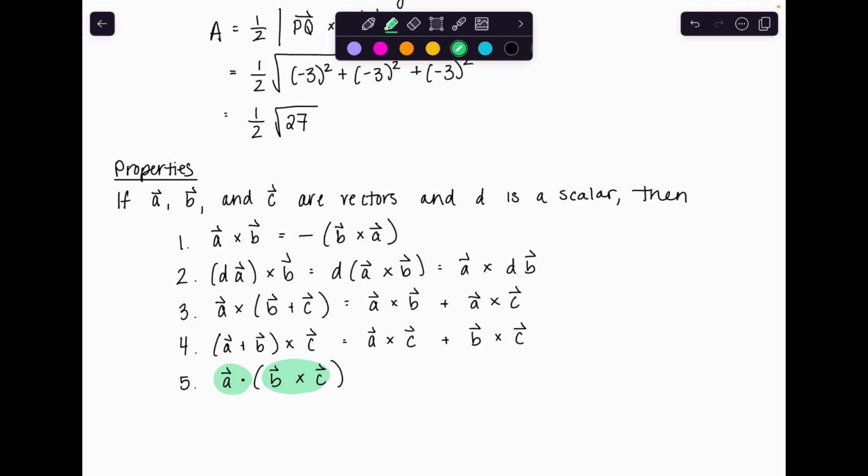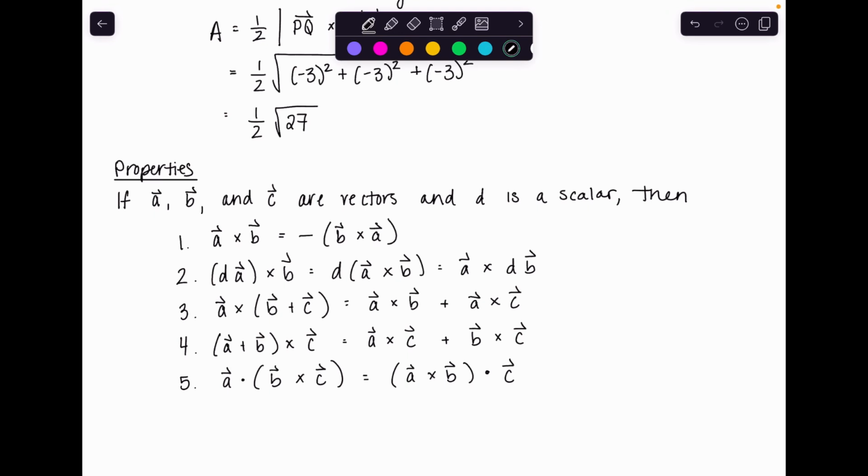It's a multiplication I can actually do. What we could actually do instead is kind of rearrange this a little bit. Instead, we can do A cross B, and then we can dot product it with C afterwards. So it's kind of like a rearrangement.